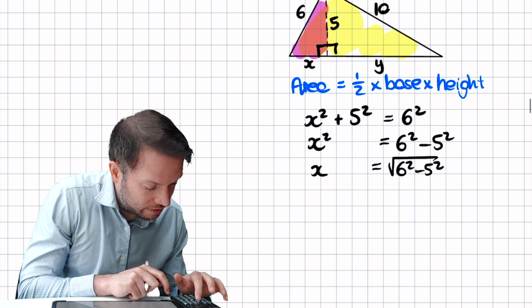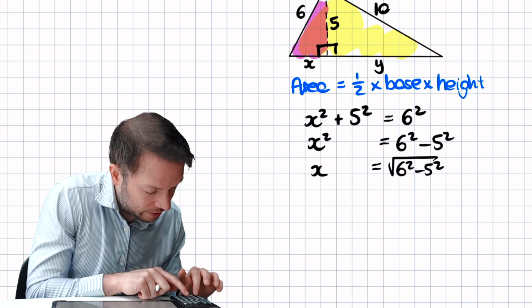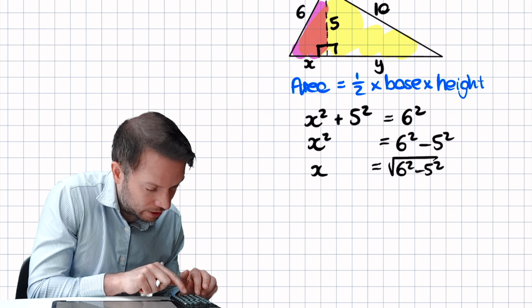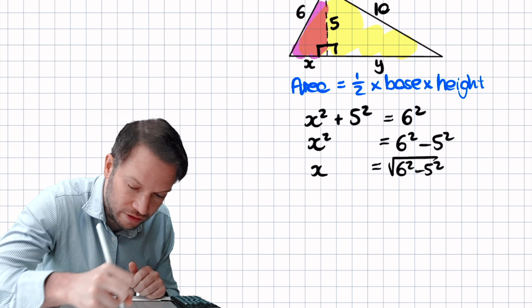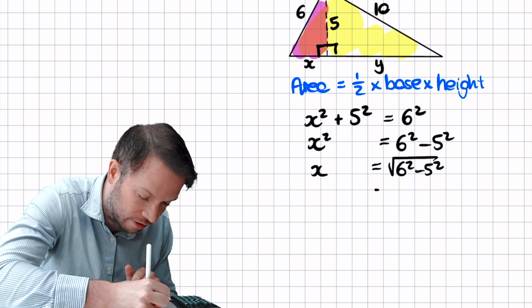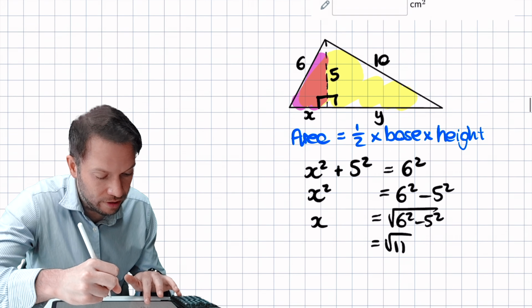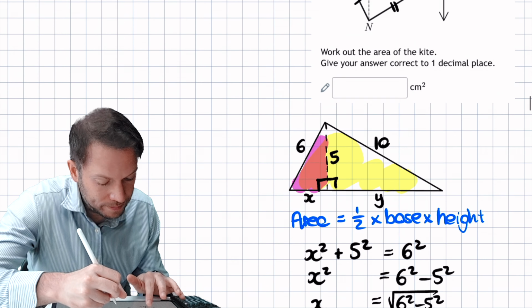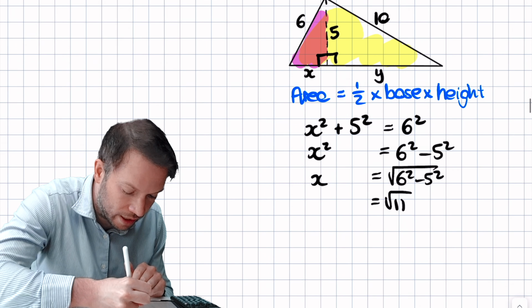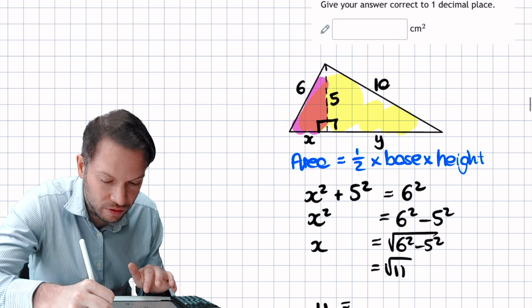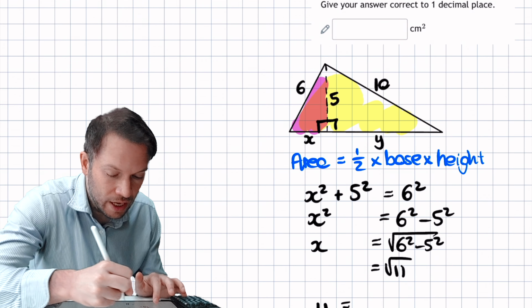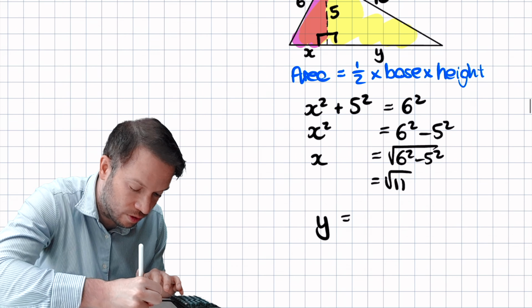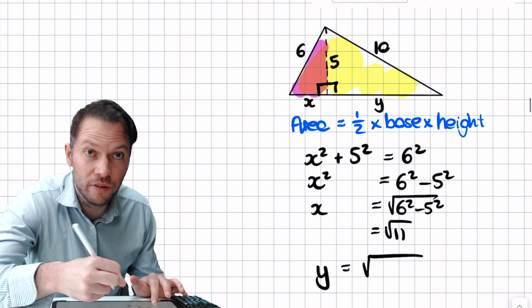So I'm just going to do this, the square root of 6 squared minus 5 squared. And that is the square root of 11, which we could do as a decimal, but I might as well just leave it as a square root for the moment. Okay, so x is the square root of 11. Now let's work out y. If we do it the quick way, we're trying to find y, which is one of the shorter lengths of the triangle. These are the two shorter lengths. And remember, the quick way of doing it is you can do the square root of the difference of the squares of the lengths.